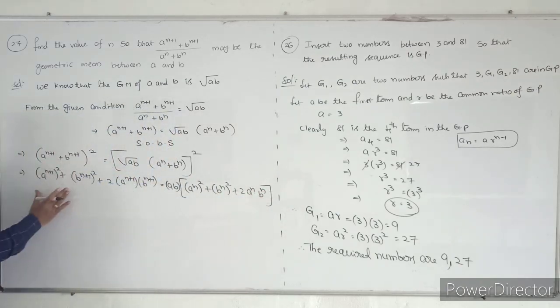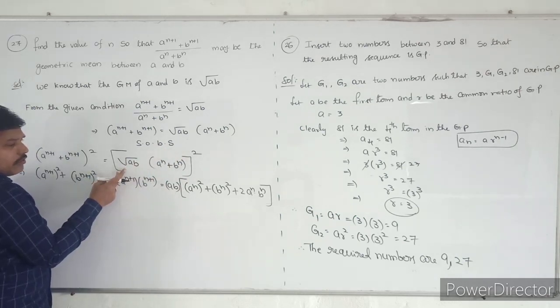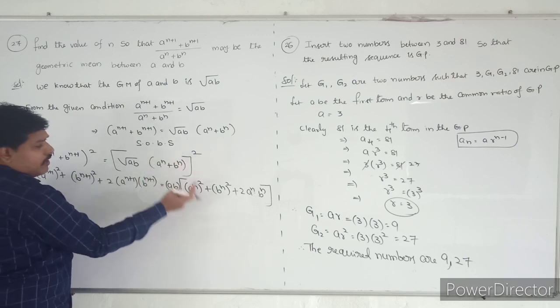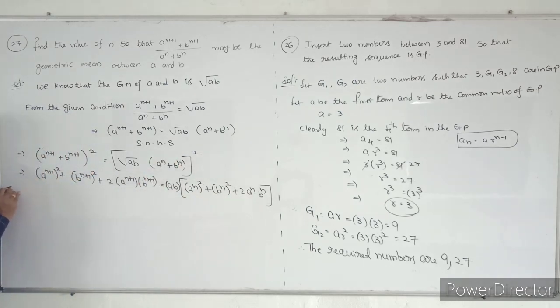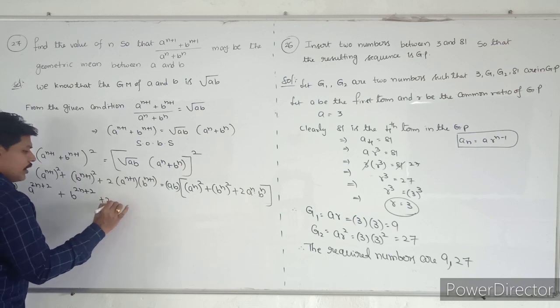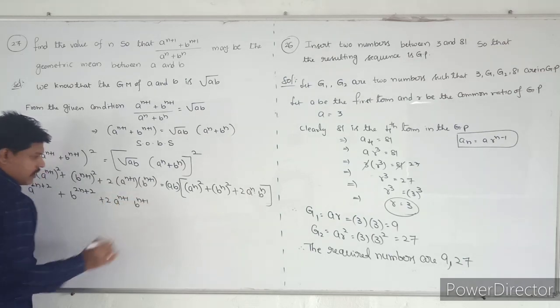So (a + b) whole square I have expanded. Square root of ab, the square will be cancelled and the square root will be cancelled. Just simplify this value here: a^(2n+2) plus b^(2n+2) plus 2 into a^(n+1) into b^(n+1).